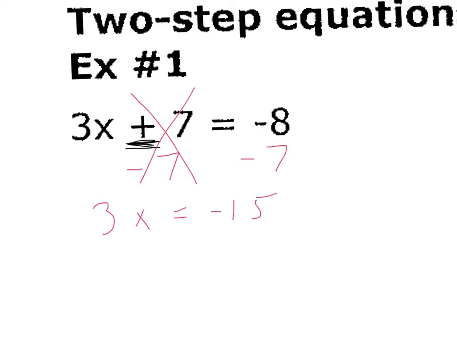Then step 5, you find the number that's attached to x and undo multiplication with division. That gives you x equals negative 5. Once x is all by itself, you're all done.